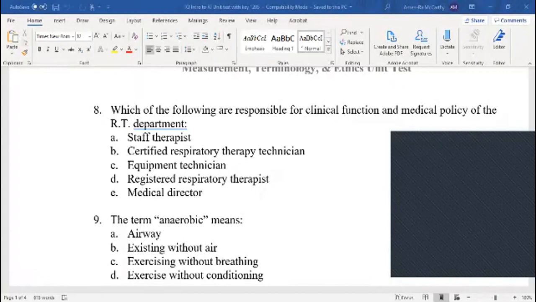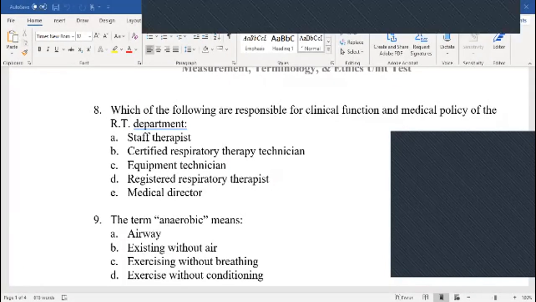Which of the following is responsible for clinical functions of the medical policy of the RT department? Stephanie. I didn't call you yet, did I, Stephanie? Number 8. Who is responsible for all the clinical functions of the RT department? Stephanie, you there? I think she's at work too. So okay, Michaelin, number 8. Who's responsible for the medical policy of the RT department? The medical director. Medical director.